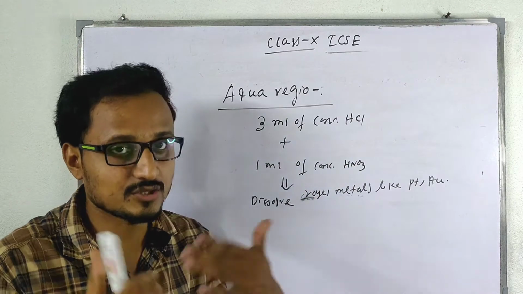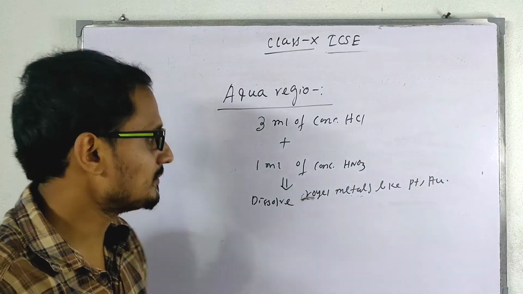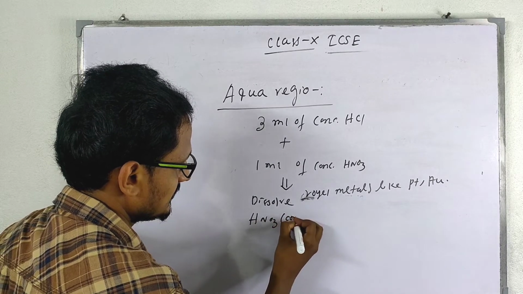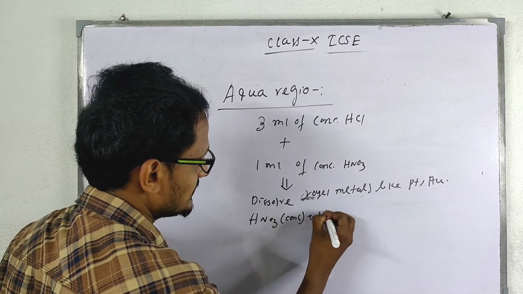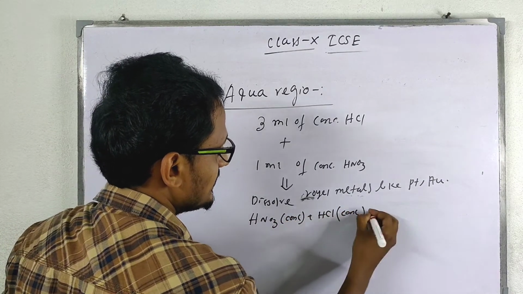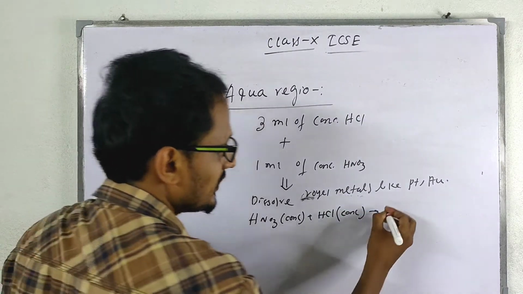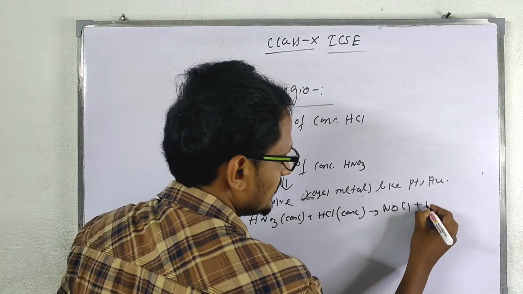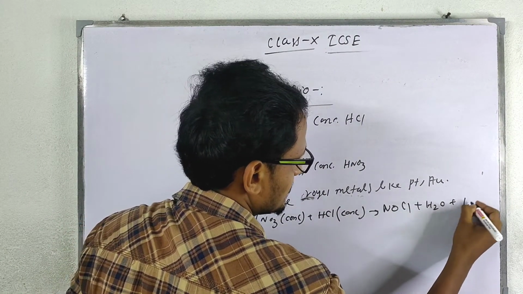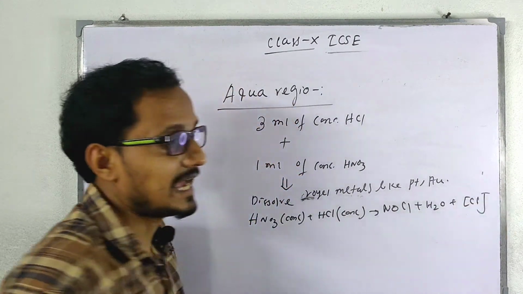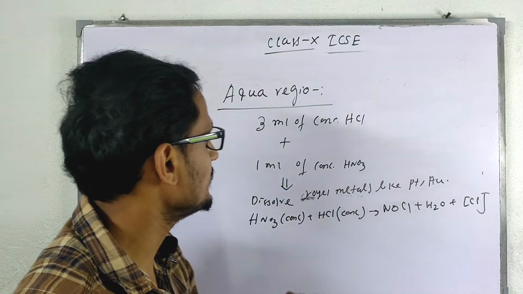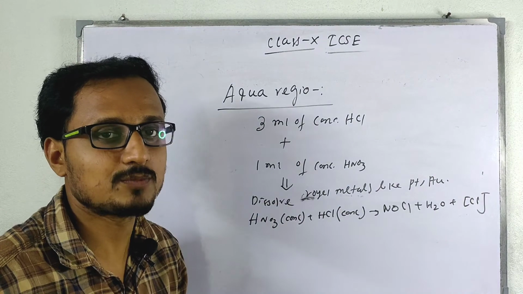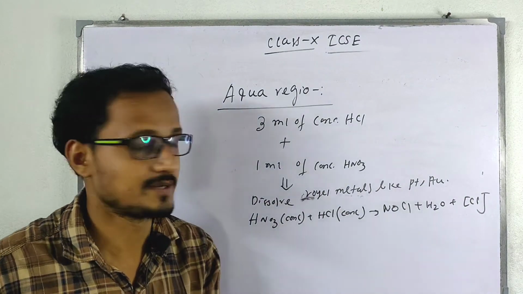Now, how does this aqua regia dissolve platinum and gold? Normally, concentrated nitric acid and concentrated hydrochloric acid react together to form nitrosyl chloride, NOCl, with that water, with that nascent oxygen, nascent chlorine, and this nascent chlorine reacts with the heavy metal, that is platinum and gold, to form the corresponding soluble chloride.